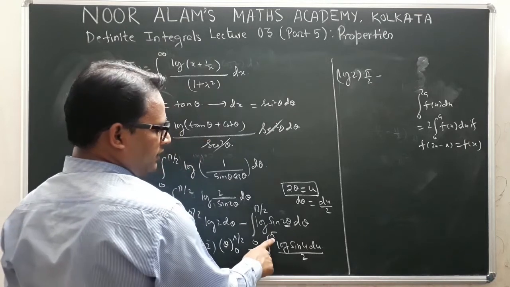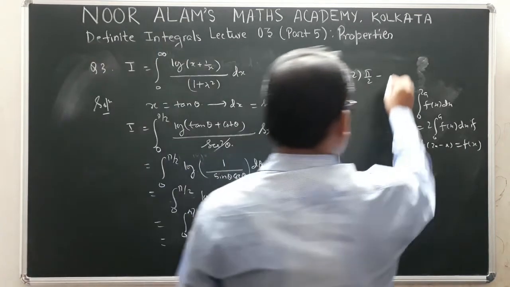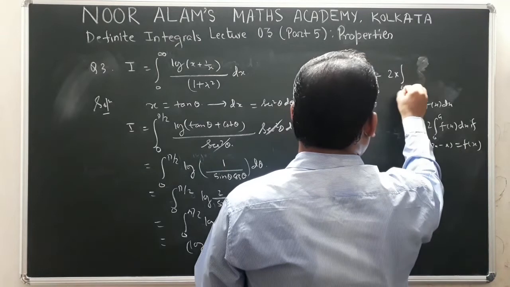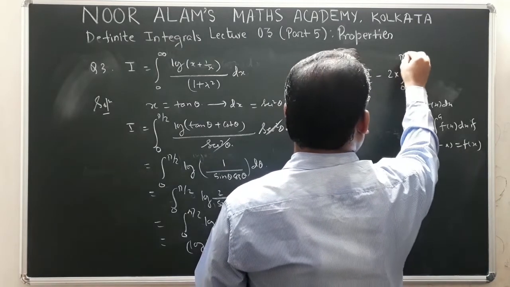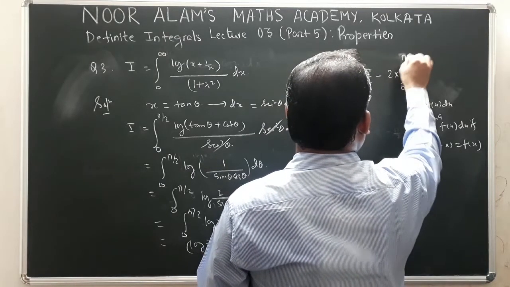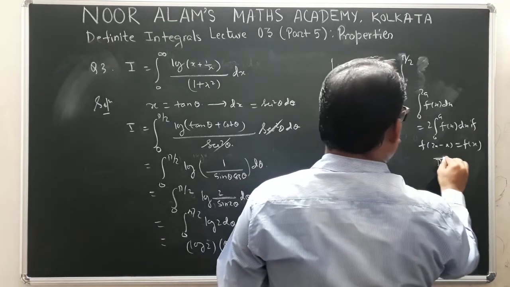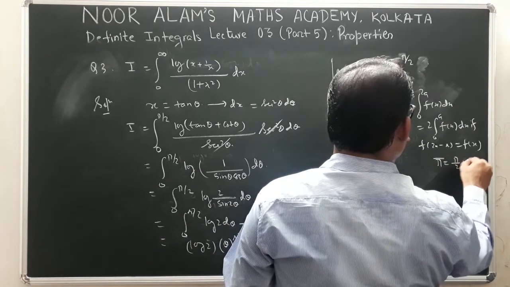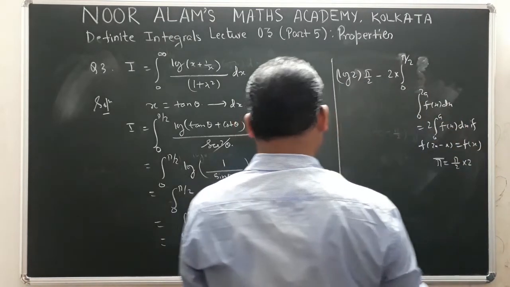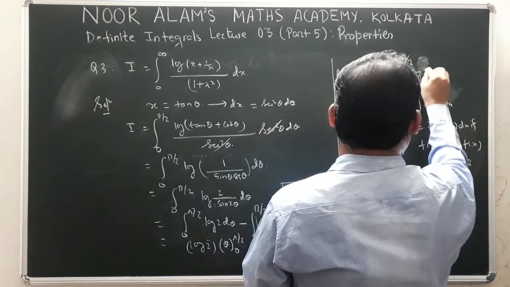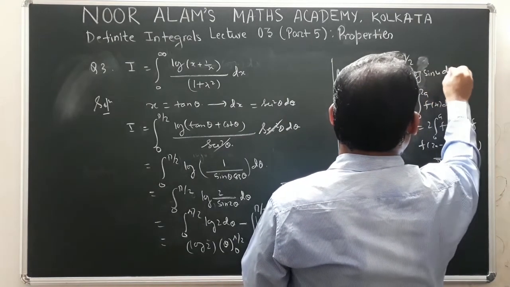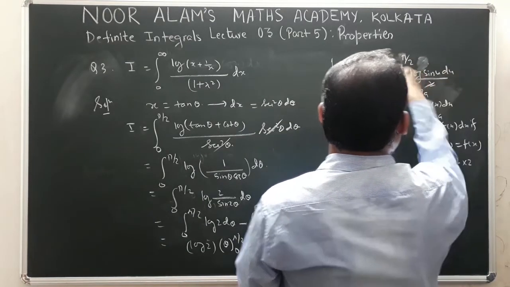So therefore we can take 2 outside. It will be 2 into 0 to pi by 2, because pi is nothing but pi by 2 into 2. That's why we take 2 outside, and as a result you get log of sin of u du, divided by 2. These two cancel out.